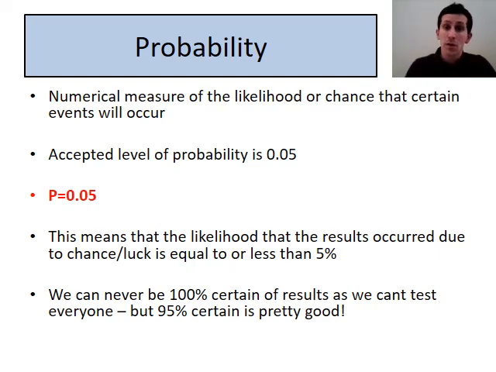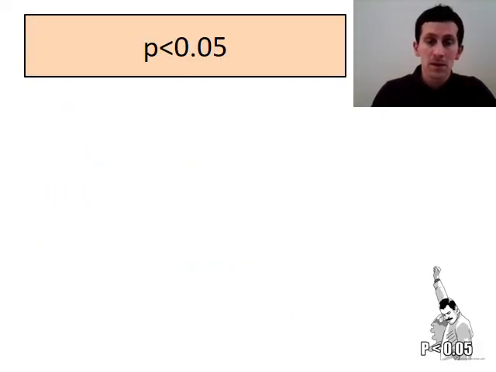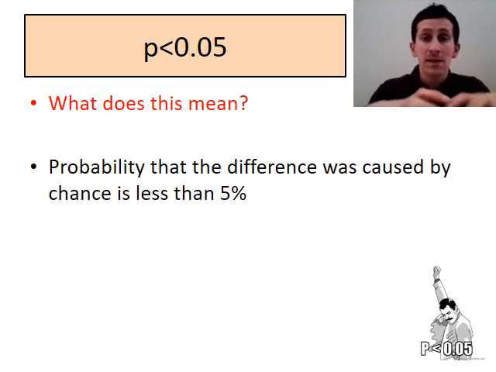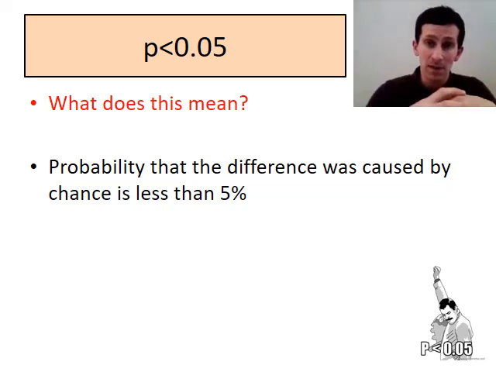And that's pretty good. So again, this P less than 0.05 value, we're just going to run through one more time about what it means. So it means that the probability that the difference in your results was caused by chance is less than 5%.